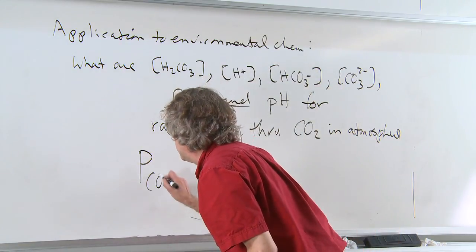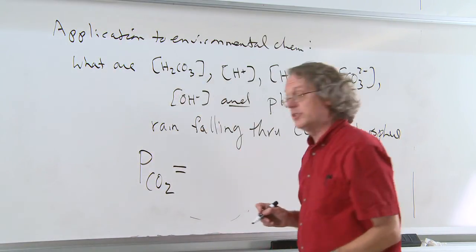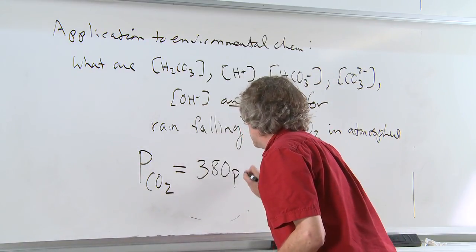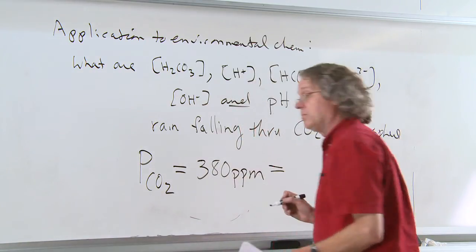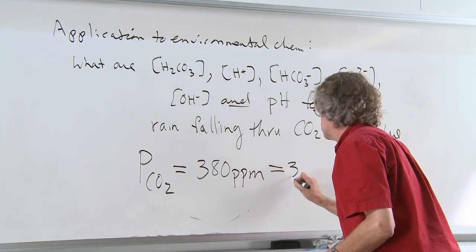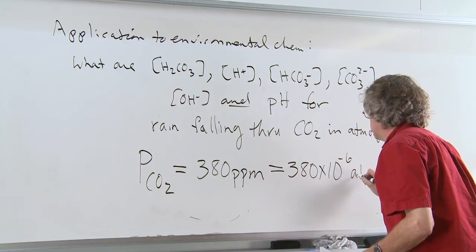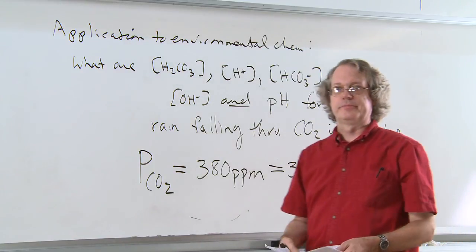So we know that these days the pressure of CO2 in the atmosphere is about 380 parts per million. That's part per million of atmospheres, and so that corresponds to 380 times 10 to the minus 6th atmospheres.